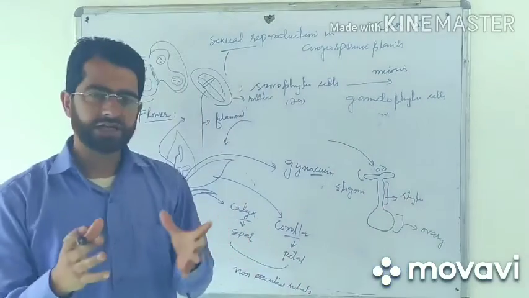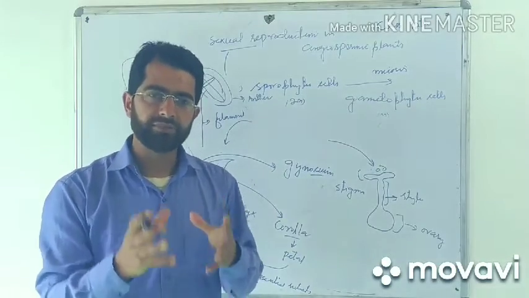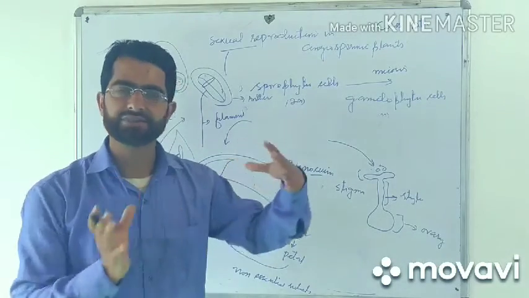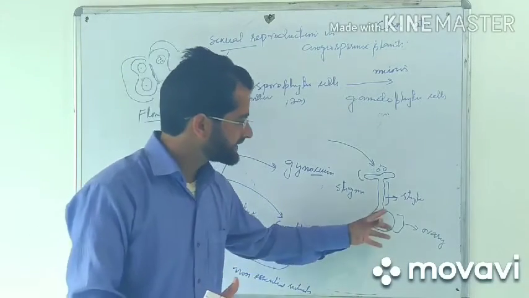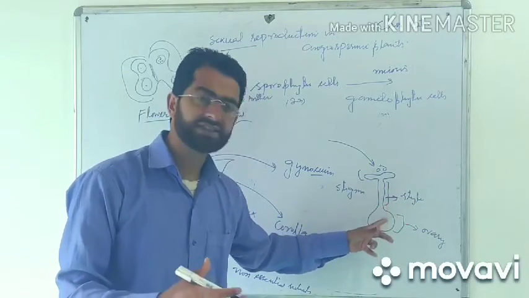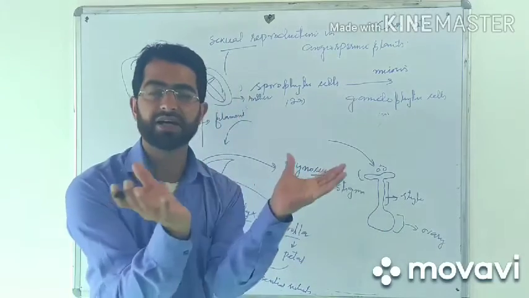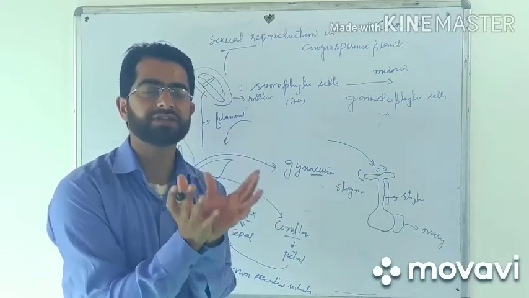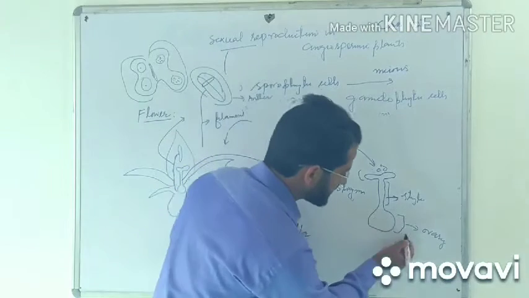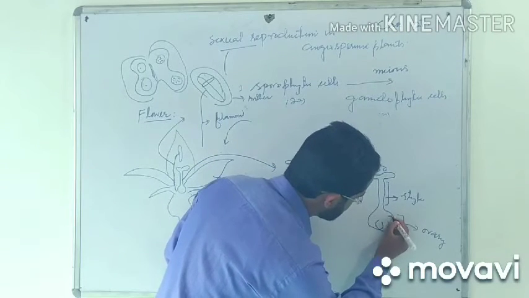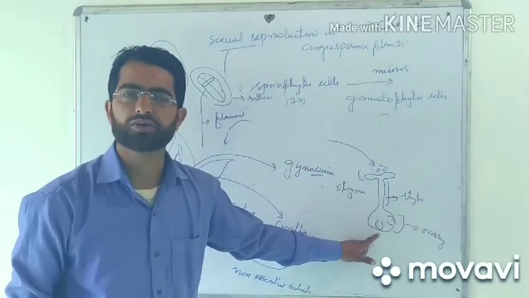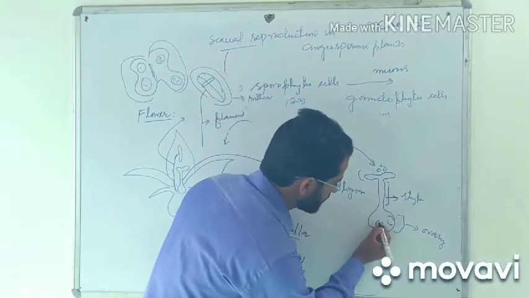That means the gynoecium, the female gamete bearing organ, consists of 3 parts. One is the ovary, that is the basal bulged part, and second is the style, which connects this basal bulged part to the stigmatic surface, which is a receptive surface for pollens. Within this ovary there are small structures known as ovules.